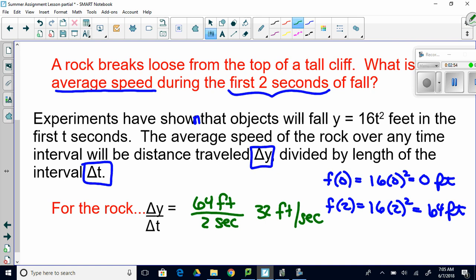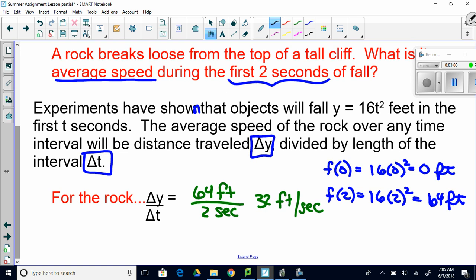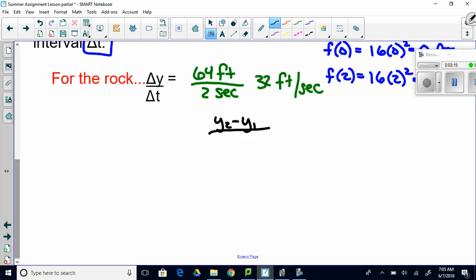Now that's average. What did we just really find there? We really just found the slope. So anytime we're doing the average rate of change, we take f of our larger value, or the y of our larger value, and we subtract the y of our smaller value, and we do the same with the x's.